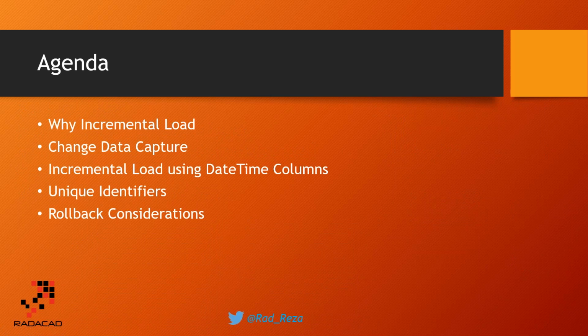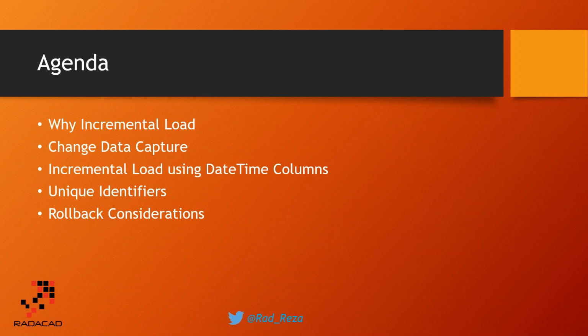Agenda of this meeting: I'll talk about why we are doing incremental load and what incremental load actually is. Then I'll talk about different methods of incremental load. First is change data capture, how to use change data capture for incremental load, and how to use datetime columns for incremental load if change data capture doesn't work, and how to use unique identifier.